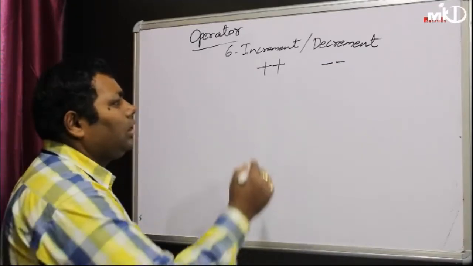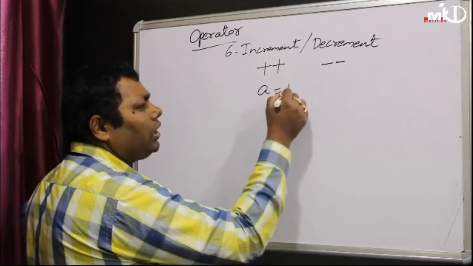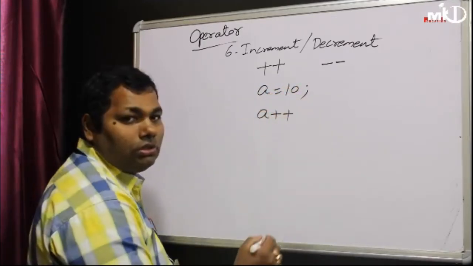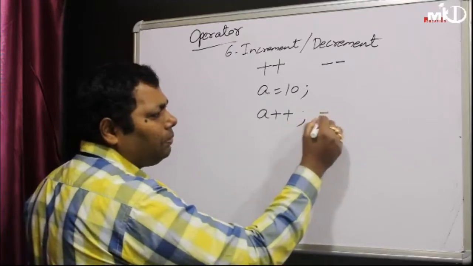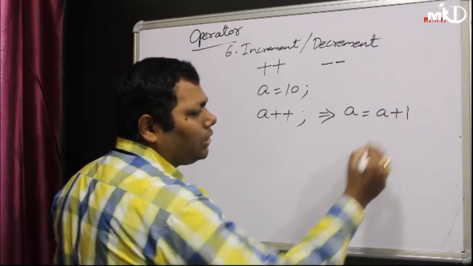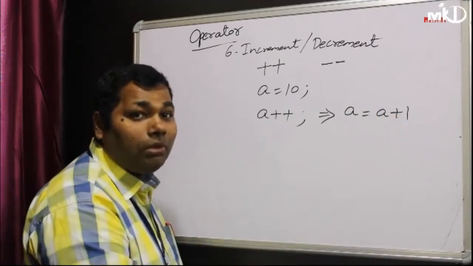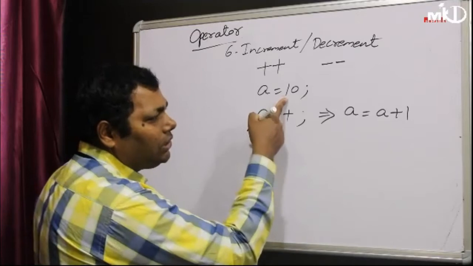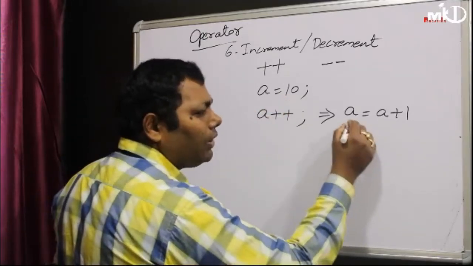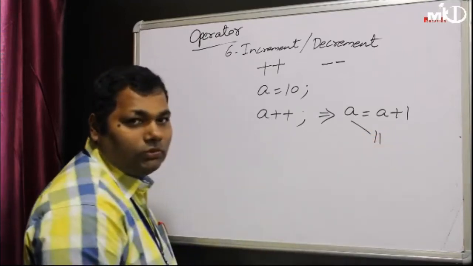Now let a equal 10 and I write a++. Here a++ means a = a + 1. That means increase the value of a by 1. Previously the value of a is 10, now the value of a is 11. Clear?